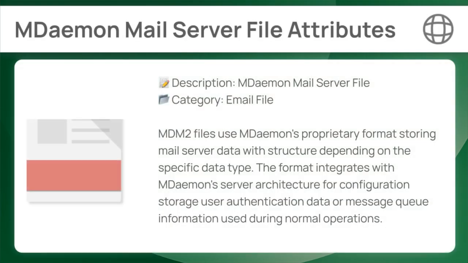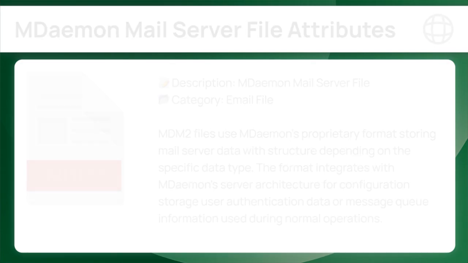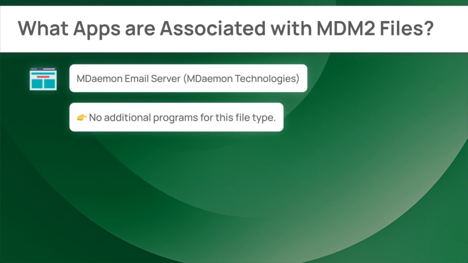MDM2 files use MDaemon's proprietary format storing mail server data with structure depending on the specific data type. The format integrates with MDaemon server architecture for configuration storage, user authentication data, or message queue information used during normal operations. The specific reading module for MDM2 files is provided by MDaemon Email Server from MDaemon Technologies.